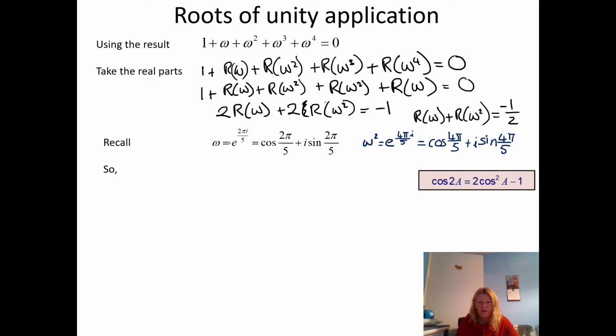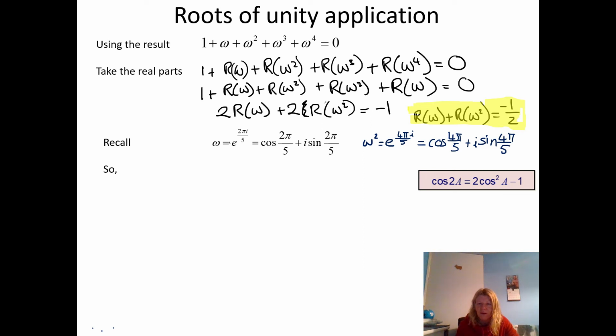Right, we've just done this bit here. So we've got this here. We're going to hence use that to find the real value of cos 4 theta. So we're back here.